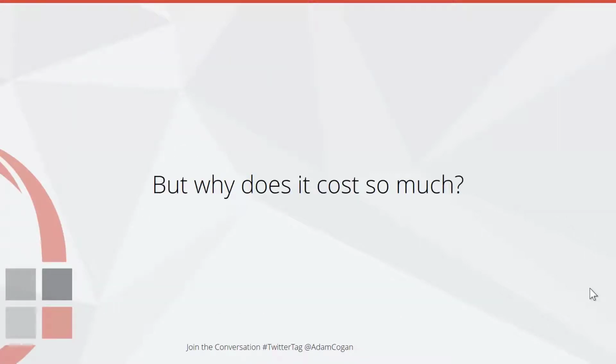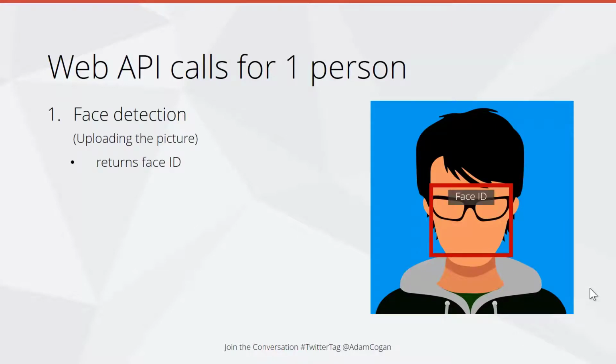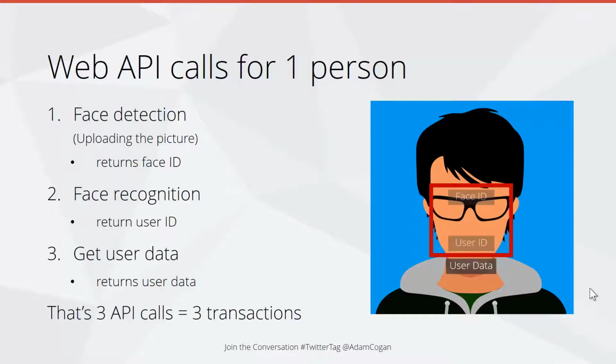So why does it cost so much? You might have seen a little glimpse of it in the code sample. For one detection of one person, you have to detect the face, you have to recognize that face, and if you didn't cache, you have to get the user data. These are 3 API calls you have to do. So in 1 minute, you have only a certain number of calls you can make to recognize people, and you cannot do real time.